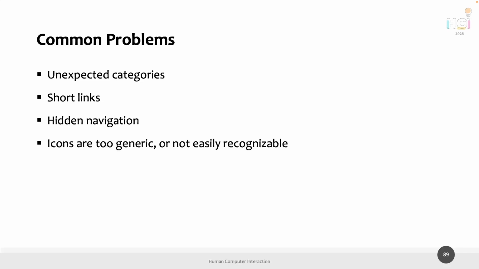Again, common problems. We have seen some examples where you encountered unexpected categories or menu voices. This can create confusion in terms of information scent. There can be hidden navigation. Also, icons can be used to improve information scent, and when they are too generic or not easily recognizable, this could create confusion, of course.